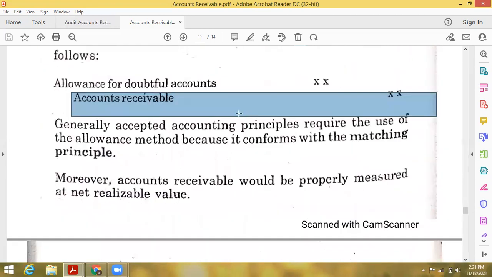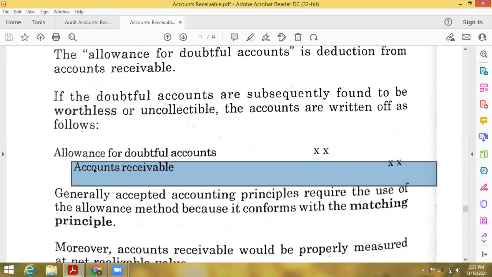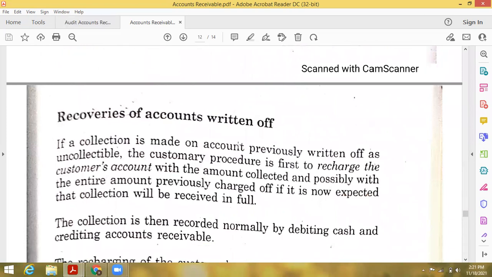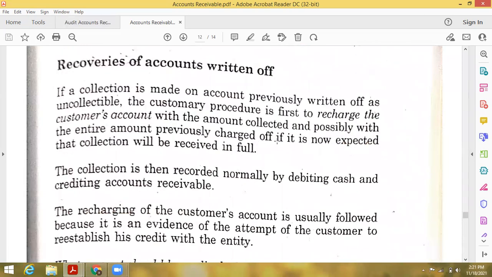So dito, i-reverse natin ito. I-debit natin yung accounts receivable and allowance. Tapos, yung collection niya, tsaka tayo mag-recognize ng cash and itatanggalin na natin siya sa receivable pag nagbayad.